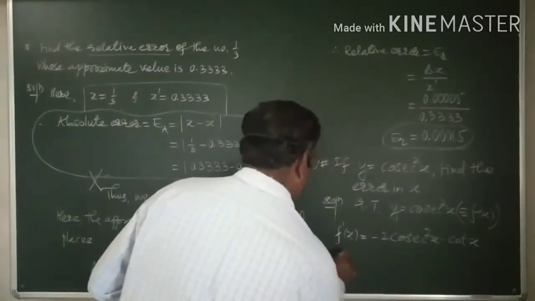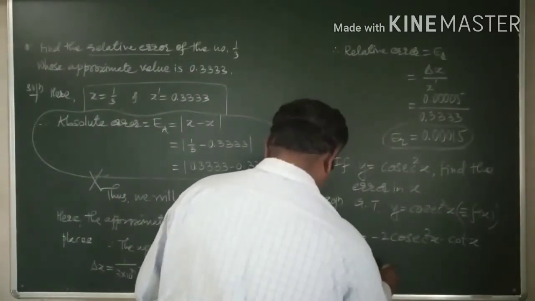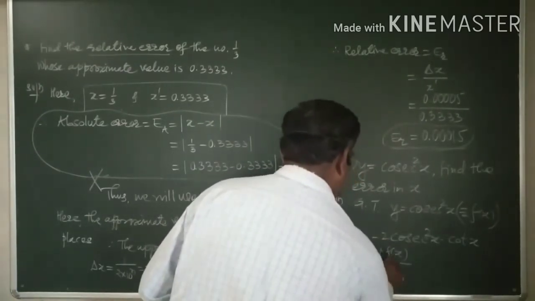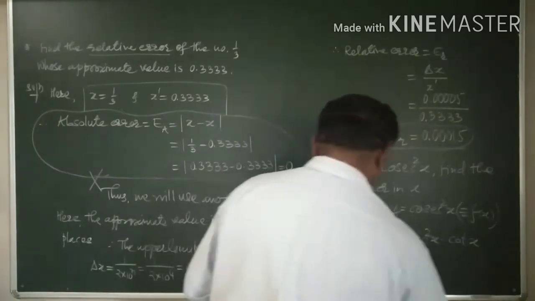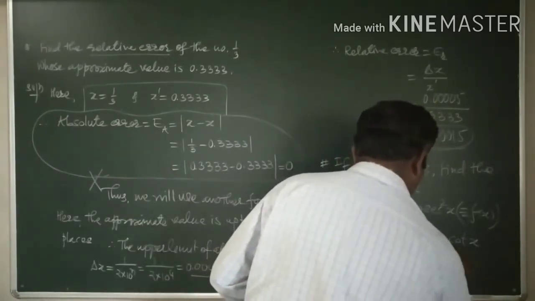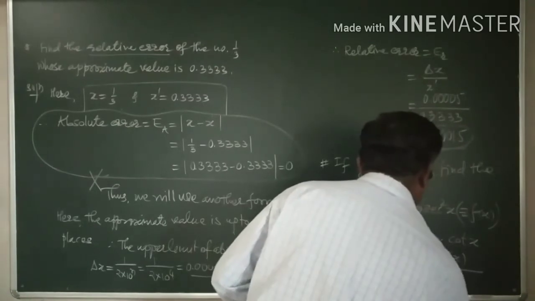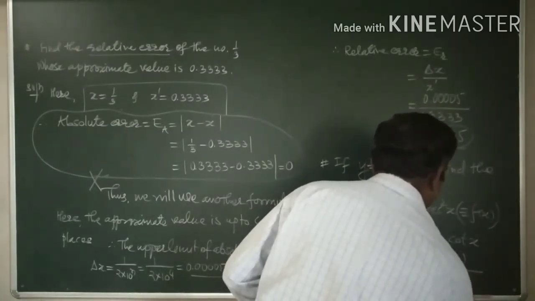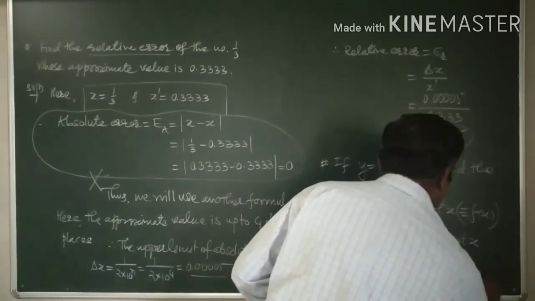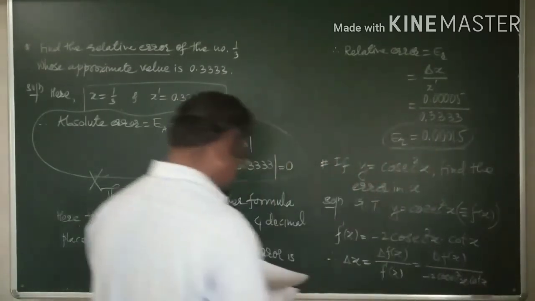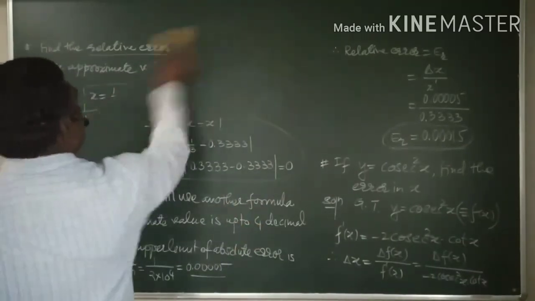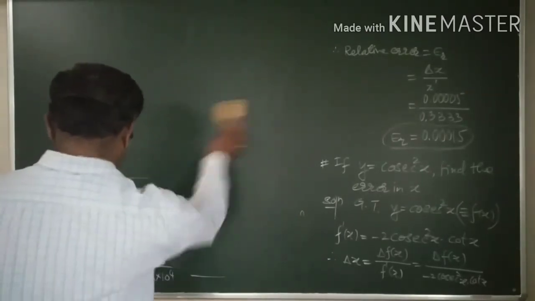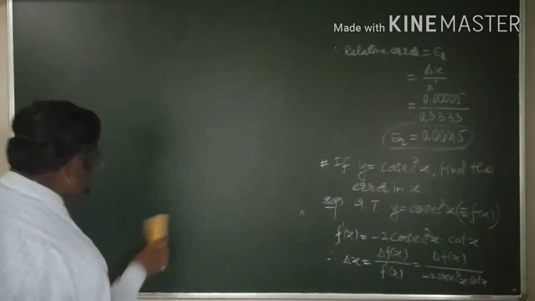Therefore, del x is equal to del f of x divided by f dash x, which is equal to del f of x divided by minus 2 cosec square x cot x, which is further sin cube x over minus 2 cos x.